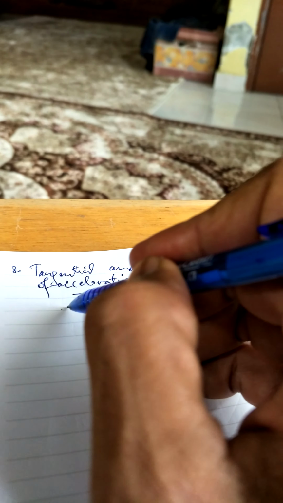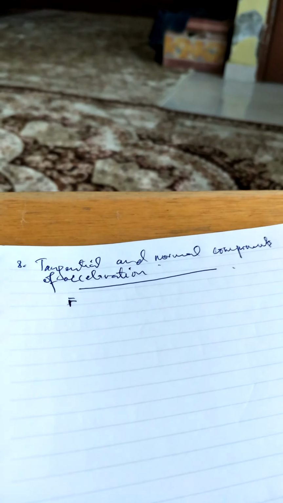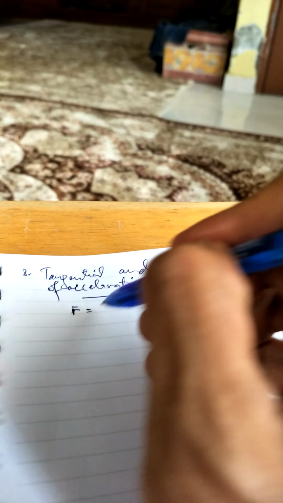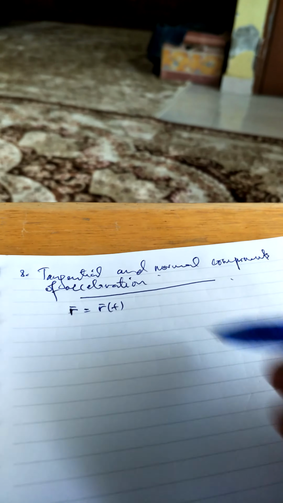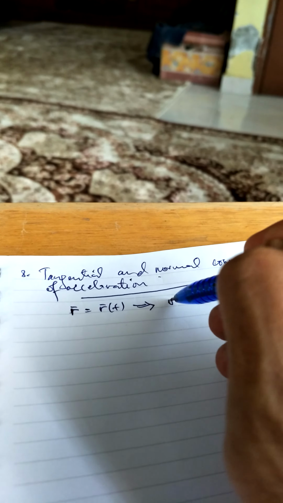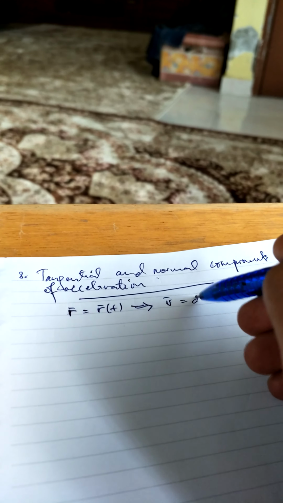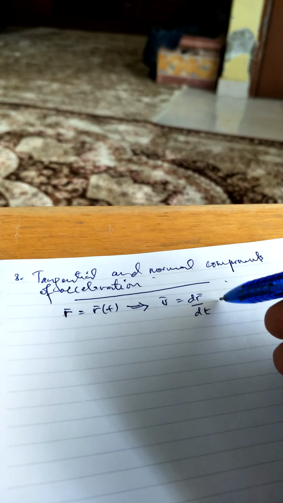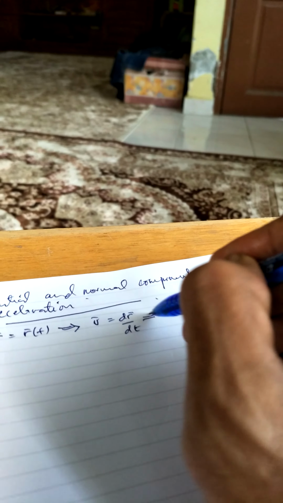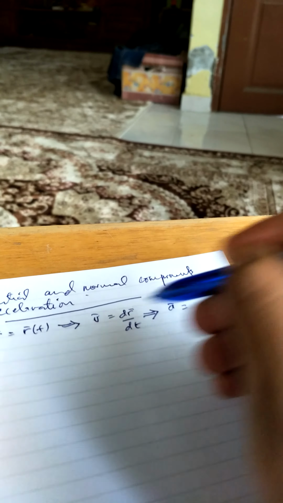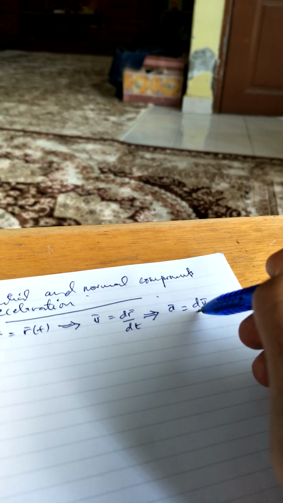for a given vector r, a function of t, of course we can find v, which we get by differentiating r, dr/dt, and from that we can find a by differentiating v with respect to t.